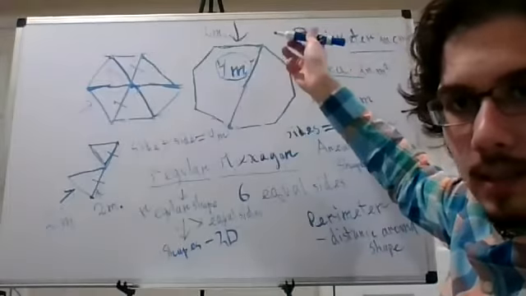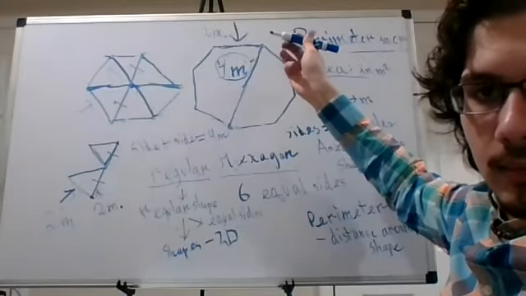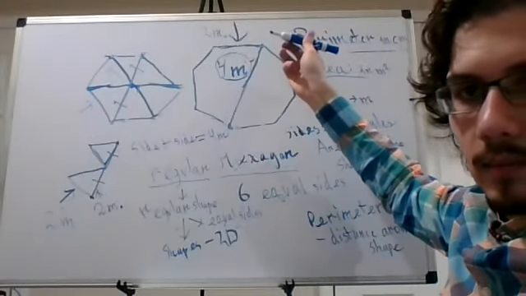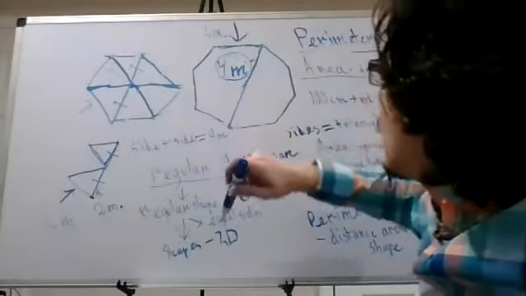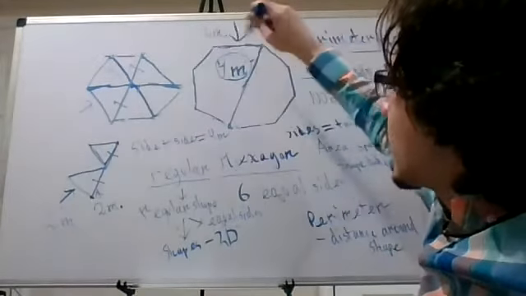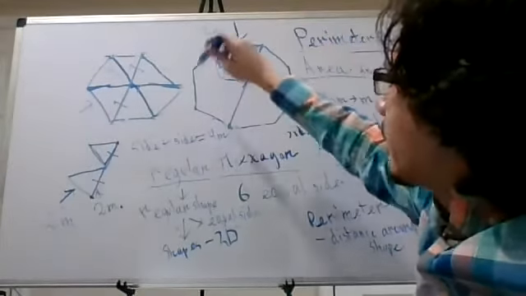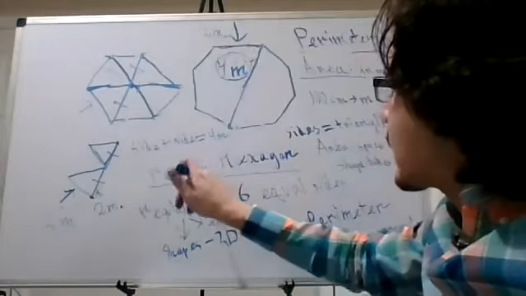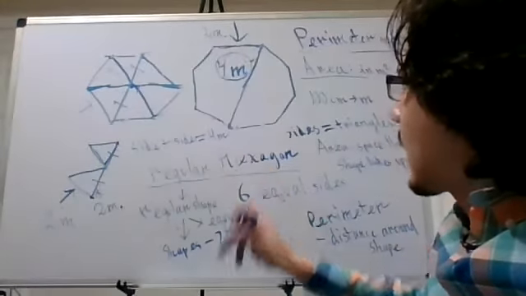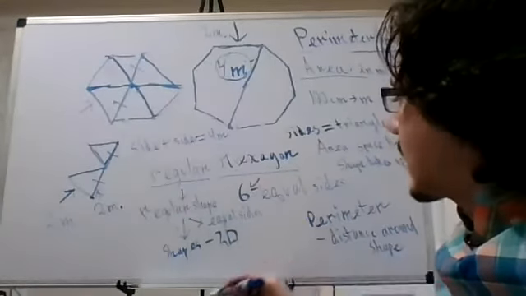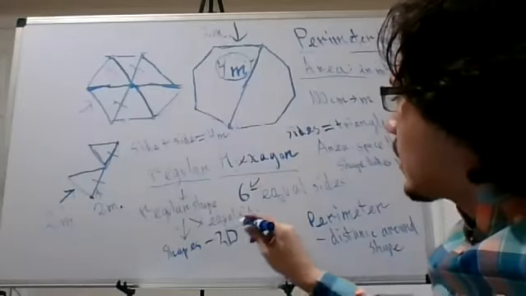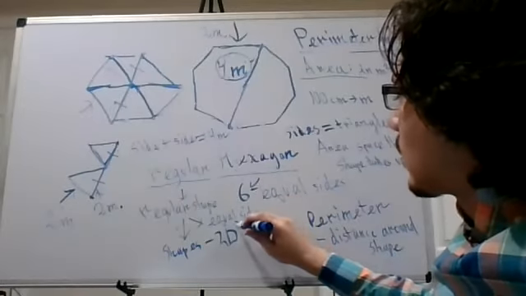In other words, yes? No, I'm just calculating something. Okay. So we know the distance around the shape is all the sides together. And since it is a regular hexagon, it has 6 equal sides, so all the sides are equal.